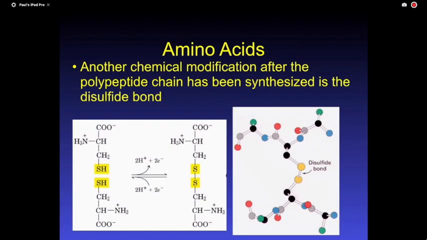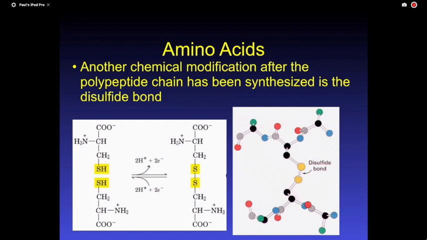Okay? One derivative that happens and that is fundamental are two cysteines. We introduce this because this has a lot of influence on how proteins are structured. The sulfurs of the side chains, the SH, can react in an oxidative redox reaction to create what is called a disulfide bond.